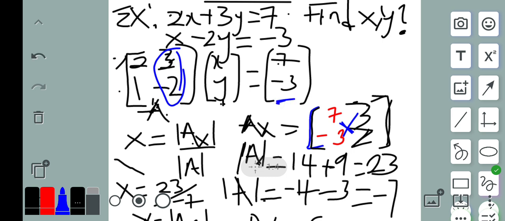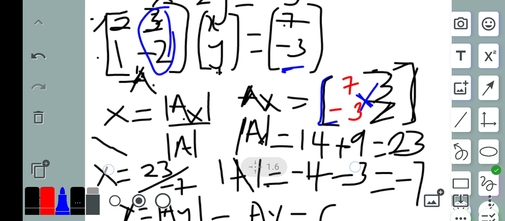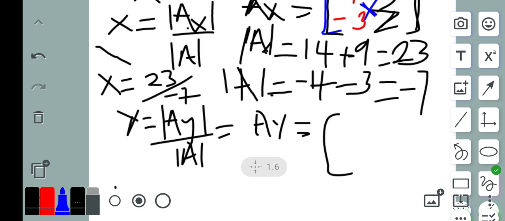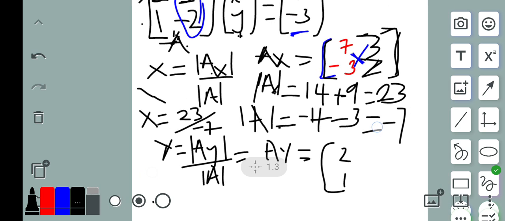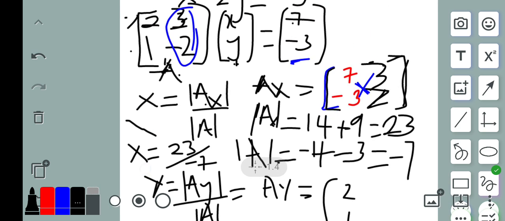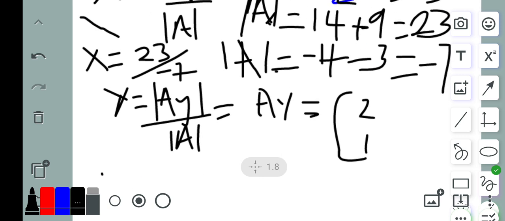So what do I have when I remove that? We have 2 1, then I have 2 1, and then removing the coefficient of y, which is 3 and 2, I'm putting 7 and 3 there. That will be 7 and 3.